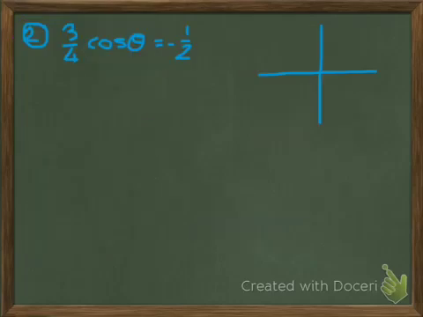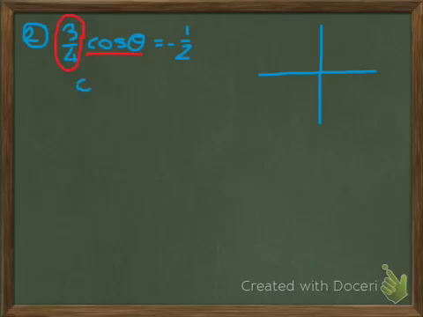Right, the next equation we have is 3/4 cos theta equals negative a half. Now the first thing I need to do here is get rid of that 3/4. I need to isolate my cos theta. So to get cos theta on its own, what I need to do is divide by 3/4.